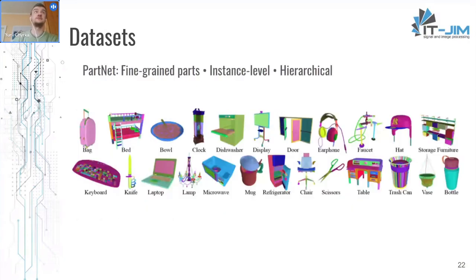There are PartNet datasets where objects are combined of multiple separate components, and they are all labeled. And in this way, this dataset is instance-level labeled, and it is hierarchical.